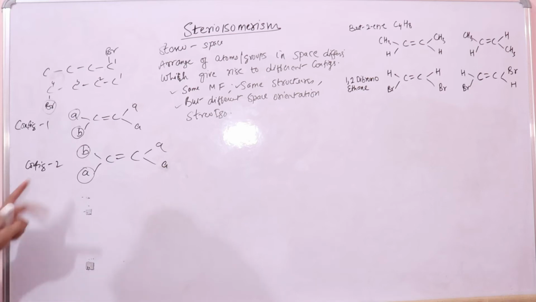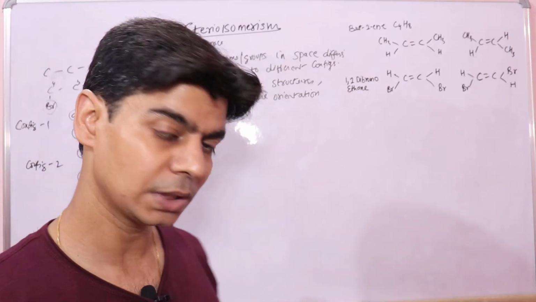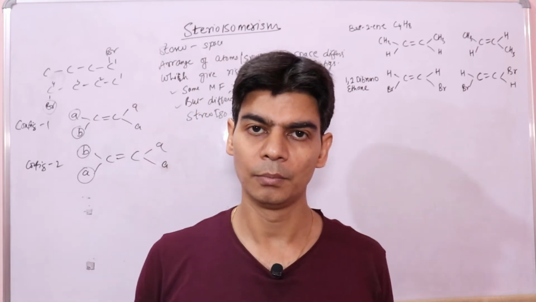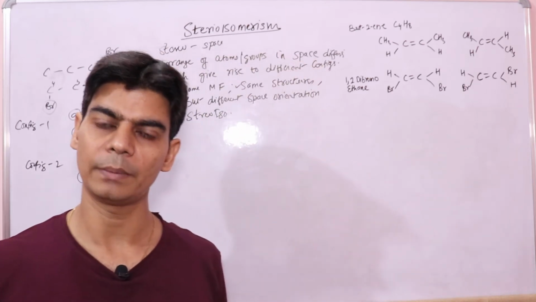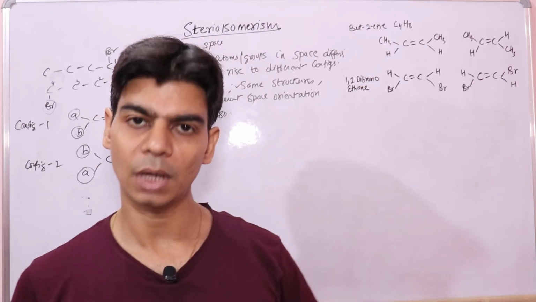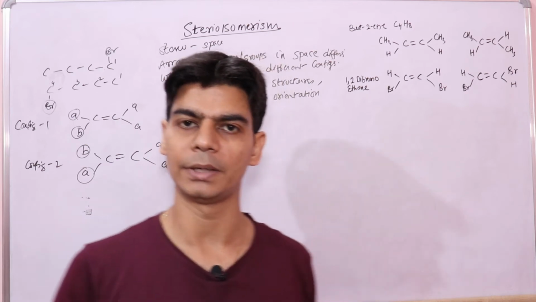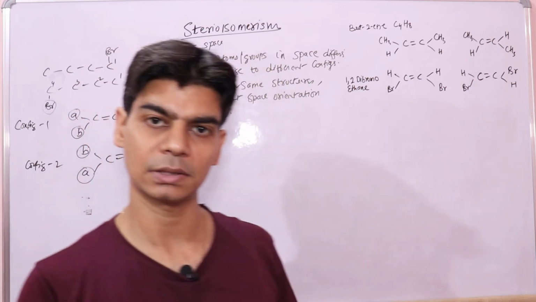In case of stereoisomerism. Whereas in case of structural isomerism, the connections were different. Like I said, bromine in one isomer was connected to carbon number 1. In another isomer it's connected to carbon number 4, or the position of double bond is moving between different carbon atoms, right? So their chemical structures were different.